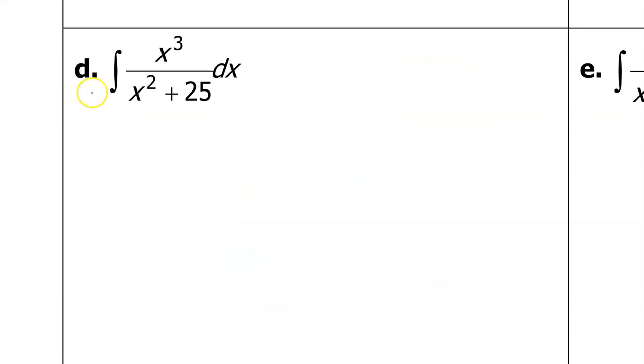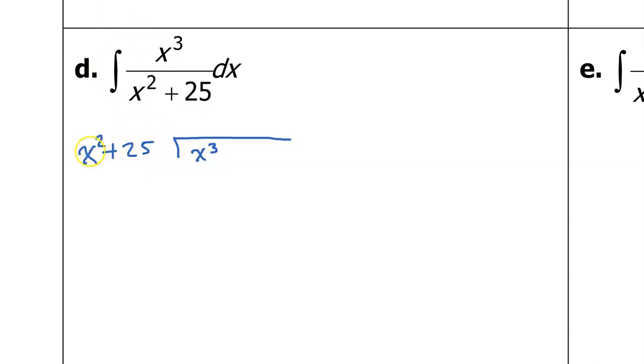For part D, the degree of the numerator is greater than the degree of the denominator. So I will definitely do long division. So we're dividing x squared plus 25 into x to the third power. So let's get started.